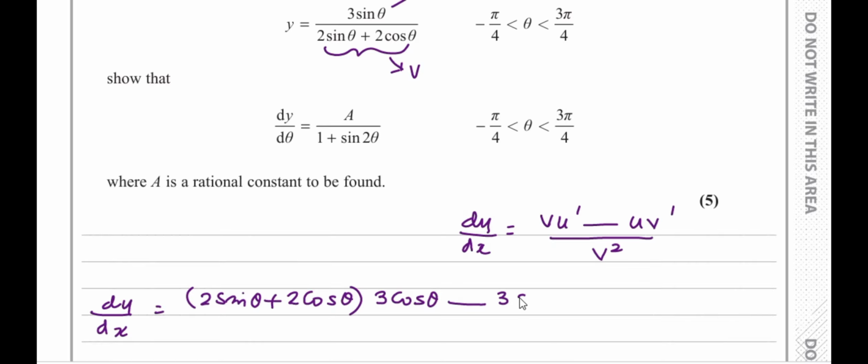And in the denominator, let's put a long denominator line here. Okay, so it's going to be v square, which is 2 sine theta plus 2 cos theta square. So expanding this, so this will be dy by d theta. This is not dx, this is d theta.